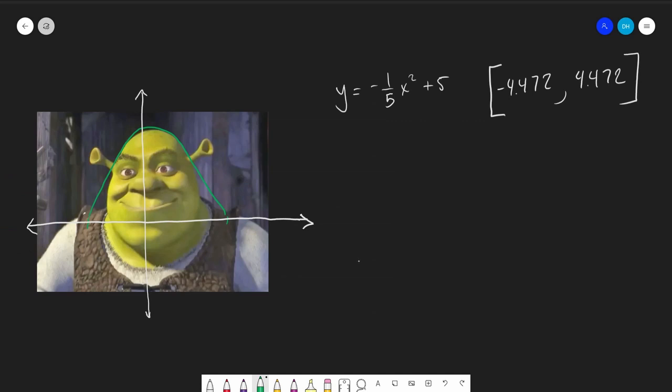Alright, looking over here at the graph of Shrek, again, we're going to pretend that the curvature of Shrek's head is defined by this green function. Again, we're going to start at negative 4.472 and end at positive 4.472.